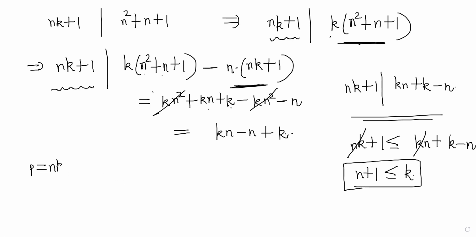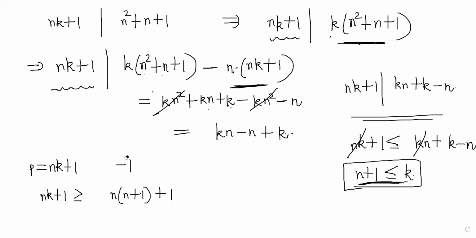P was equal to nk plus 1, and we had already established that it was greater than n plus 1, right? And we know that k is greater than n plus 1, right?